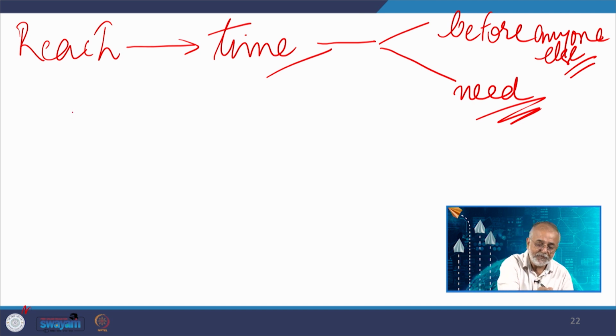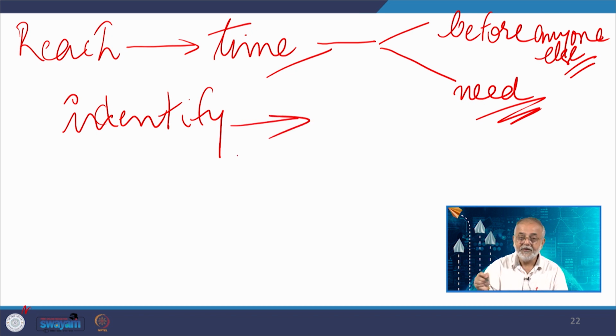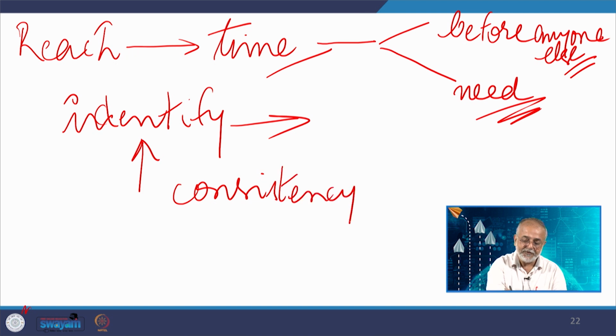And then comes another point of concentration: identify the right channel partners who can support your innovation at large, who can support your reach in time perspective at large. Consistent association with these channel partners whom you have identified. So, consistency as far as the association with these partners is concerned is an important element.